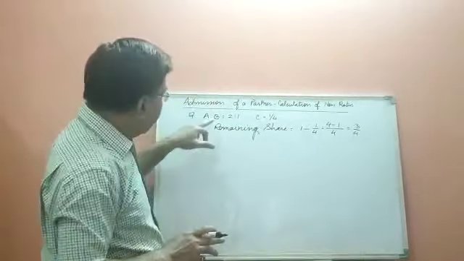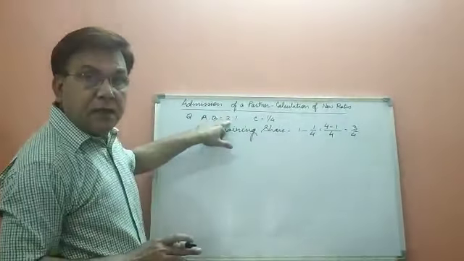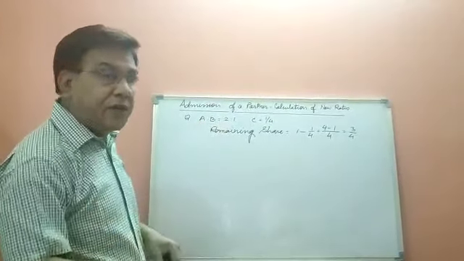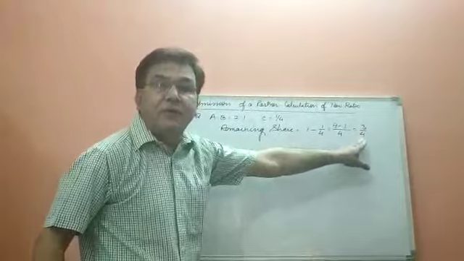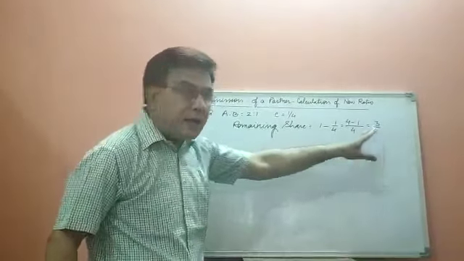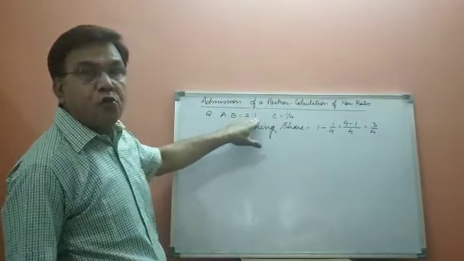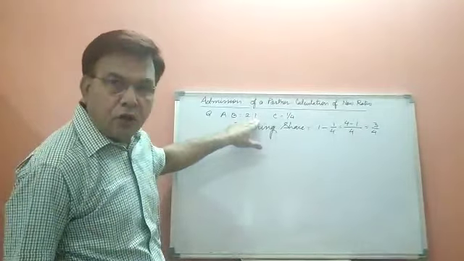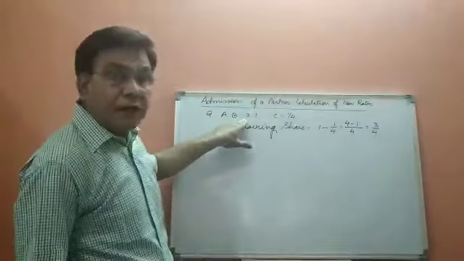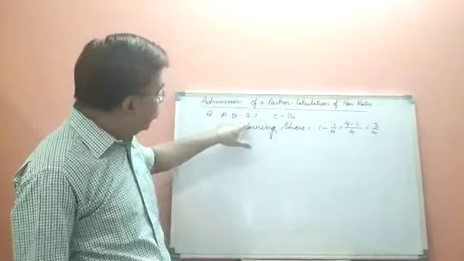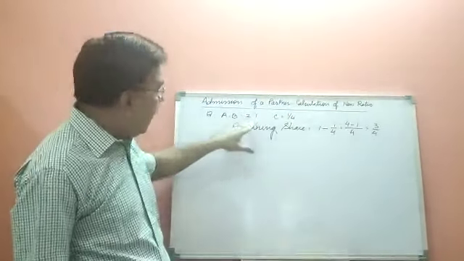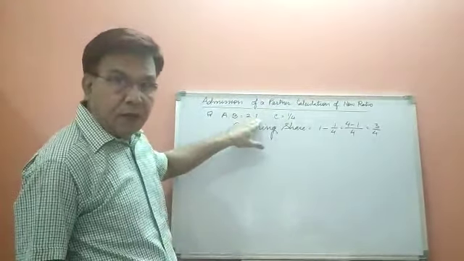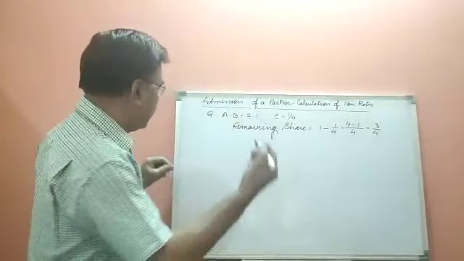Now A and B will take their share from this 3/4 and they will take it in which ratio? 2:1. You all know 2:1 can be written like 2/3 and 1/3. Alright? See A's new share.